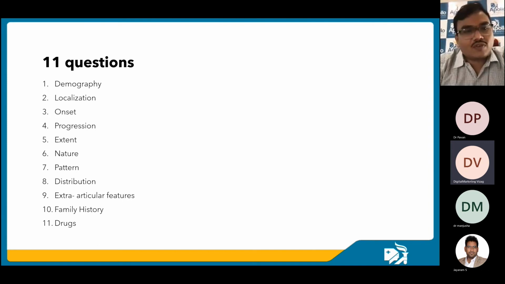The first question we usually ask is demography: the patient's age, gender, etc., and then localization, onset, progression of arthritis, extent, nature of arthritis, pattern of involvement, distribution, presence of extra-articular features, family history, and drugs. Today I will solve these 11 questions one by one in these subsequent slides.